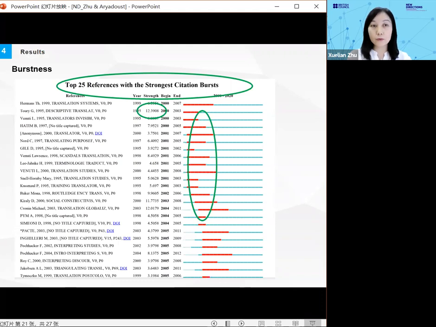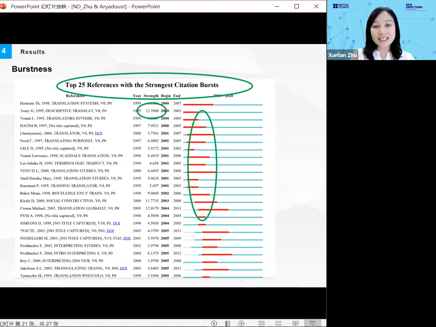It can tell us the rise and fall of those citations. For example, the one I mentioned enjoyed popularity after 2003, and it lasted about 3 or 4 years, and gradually was not that strongly cited. But later on, some other terms like translation and globalization drew our attention for a longer period and at a later stage.